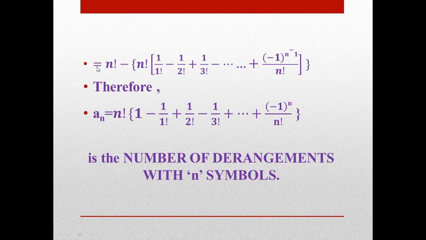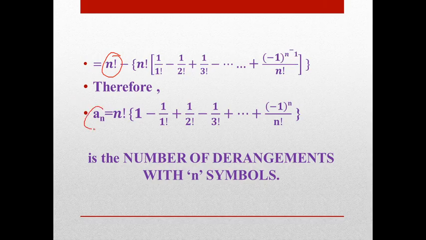So the total number of permutations is n factorial, minus n factorial times (1 minus 1 by 1 factorial plus ... plus minus 1 the whole power n minus 1 by n factorial).